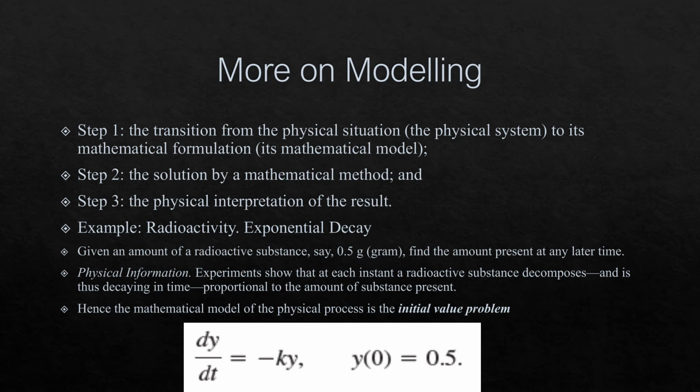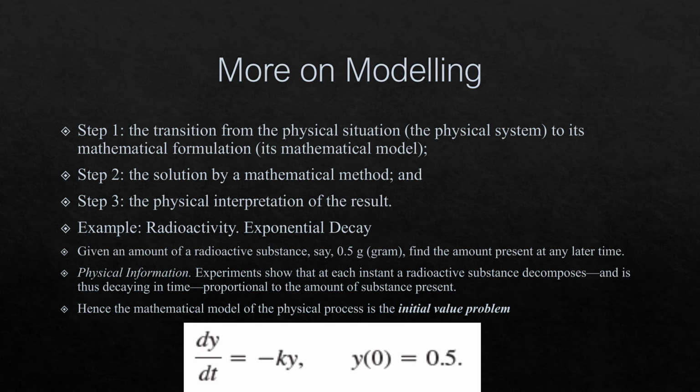The second step in modeling is the solution of the mathematical model; we apply different techniques to solve those mathematical equations. Now when we get the solution, we come to step number 3, which is very important: the physical interpretation of the result. We have to interpret the result physically so that we know what this means actually.